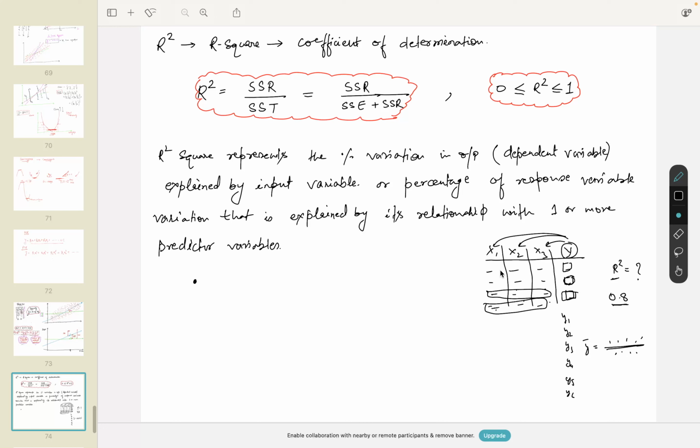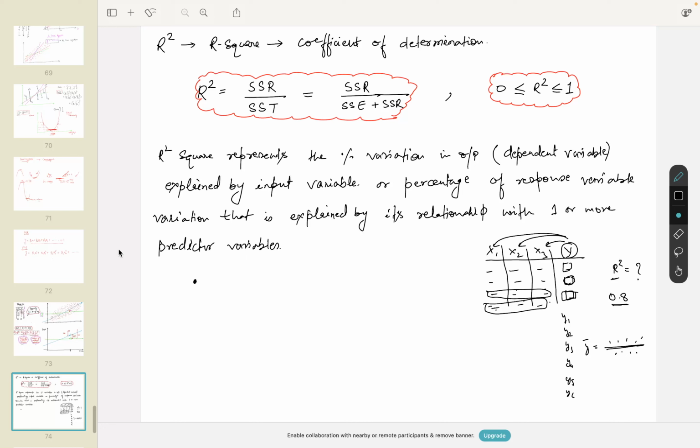For every different input there will be a different y, different x, different y, different x, different y, right? So the right model should be that for each and every x and for every y, it should explain the variation. Yes or no? It should explain the variation. So the r square should be high, no?